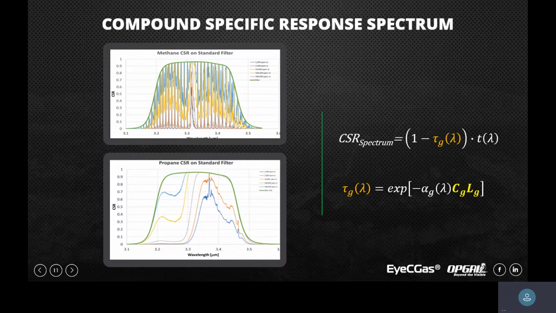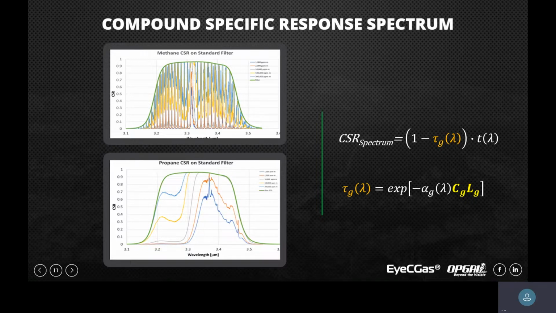But if we take the propane, which is on the side of the filter, this is how it fills in, and it's not very optimized. When we get higher concentration, it fills in and gets saturated. We get no response once we get to a certain concentration; its dynamic range is more limited.